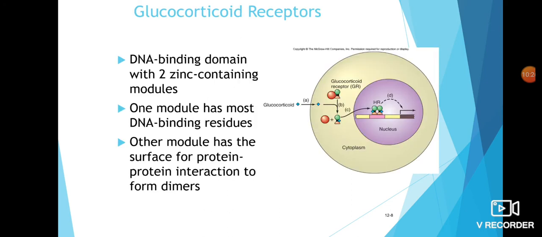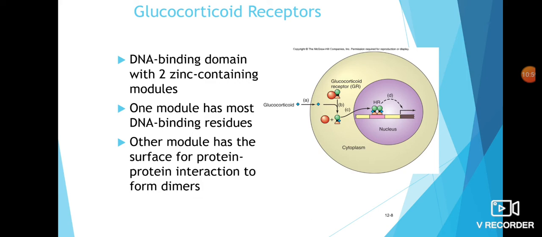The next type of zinc containing module is the glucocorticoid receptor zinc module, which is found in the nuclear receptor superfamily. When in the last semester I taught you the nuclear receptor superfamily, I mentioned that nuclear receptors are transcription factors and they have a typical zinc finger motif. So this is the type of DNA binding domain with 2 zinc containing modules.